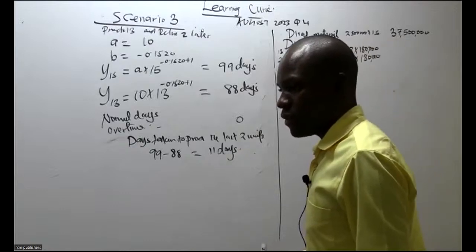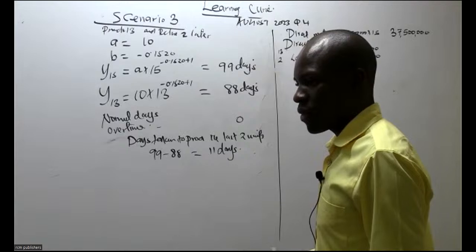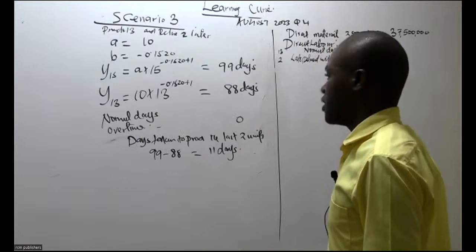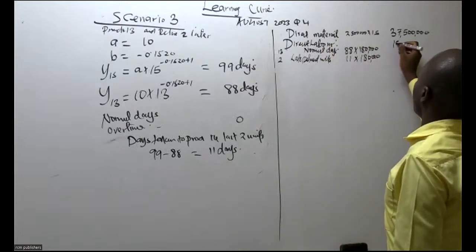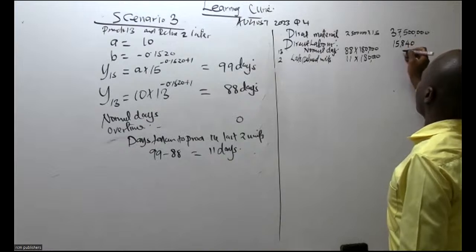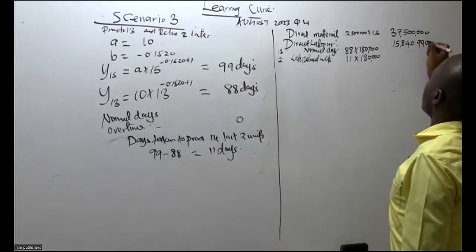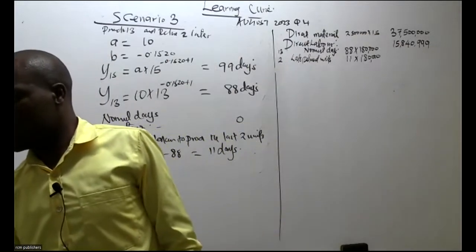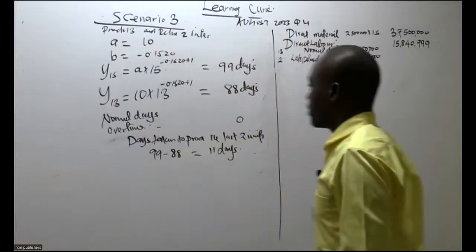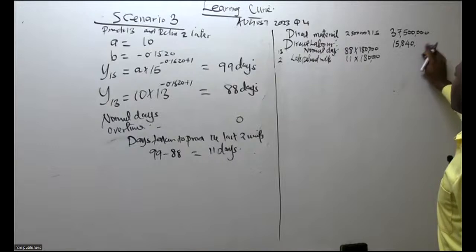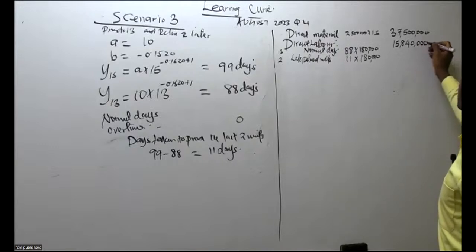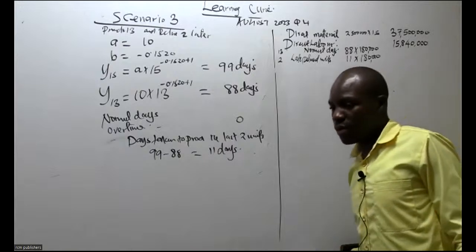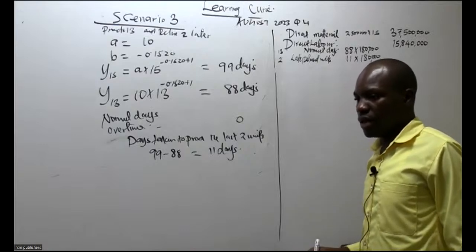I'm told it is 15,840,999. Somebody is giving me that. I want to see what majority are giving me. 1540. So let me work with majority. You can check on that and let me confirm whoever is correct. Then 11 by 180,000 tunakuwa na ngapi? 1,980,000.